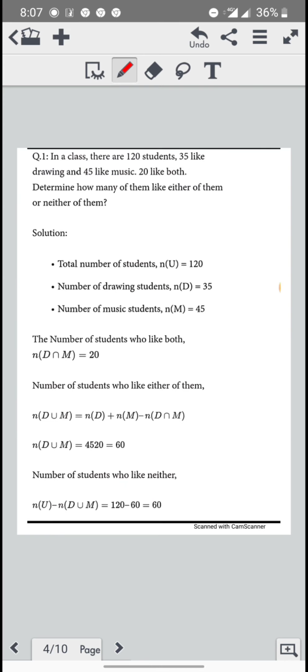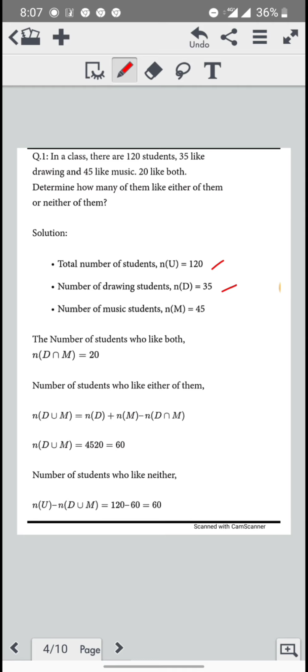Now let us solve some examples related to this topic. First example, in a class there are 120 students. That is, n(U) is equal to 120 because there are a total of 120 students. 35 like drawing. Number of drawing students, that is n(D) is equal to 35. 45 like music.